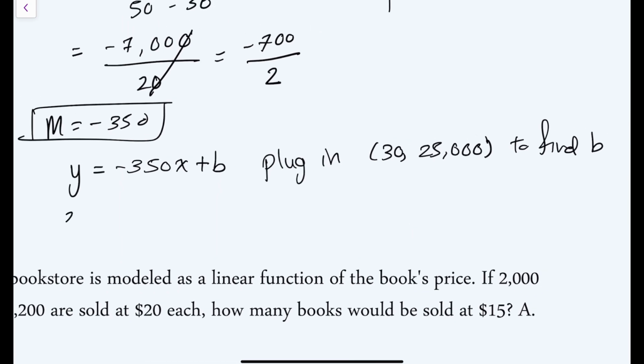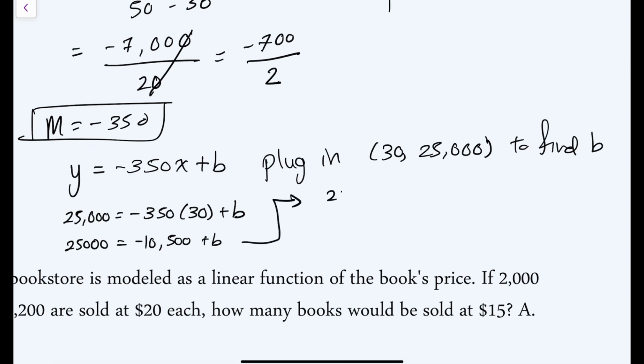So 25,000 is equal to negative 350 times 30 plus b. So 25,000 is equal to negative 350 times 30 minus 10,500 plus b. You add 10,500 on both sides. So 25,000 plus 10,500 is equal to b. 35,500 is equal to b.